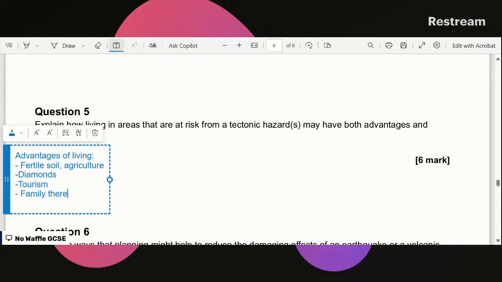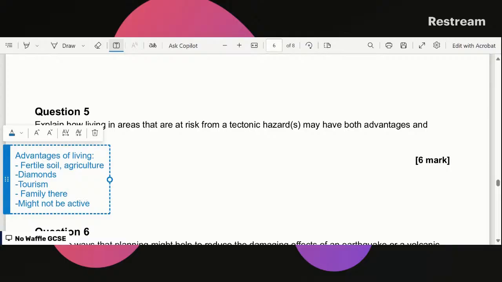Most of your family might reside there, and it's just difficult to move. Another thing is that the tectonic hazard might not be active.